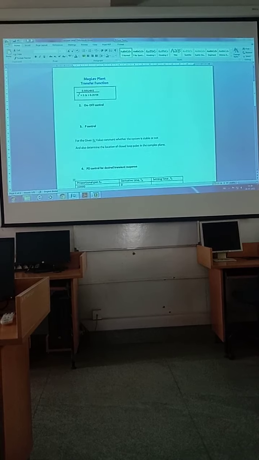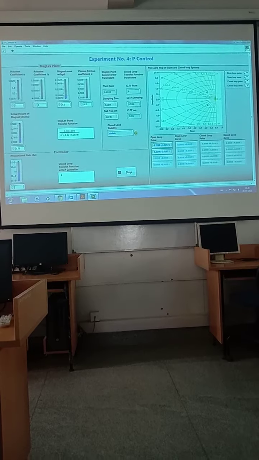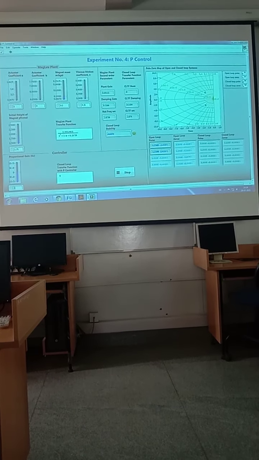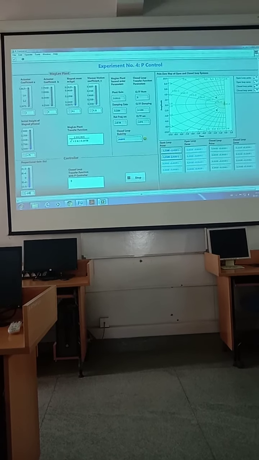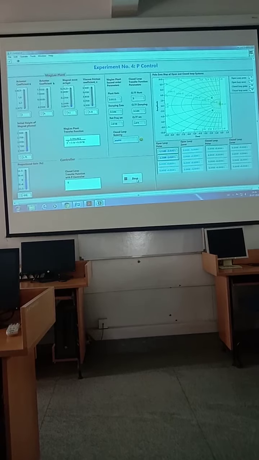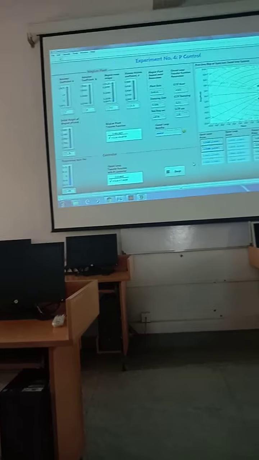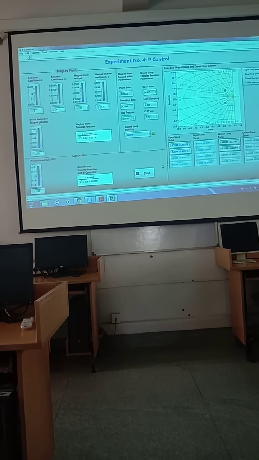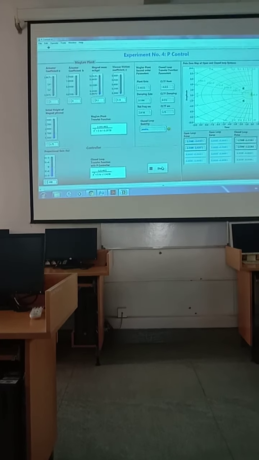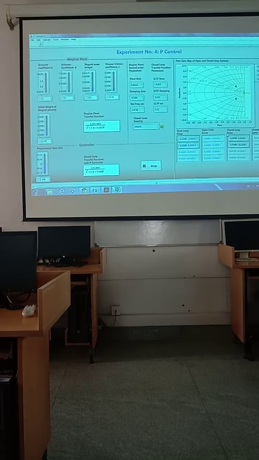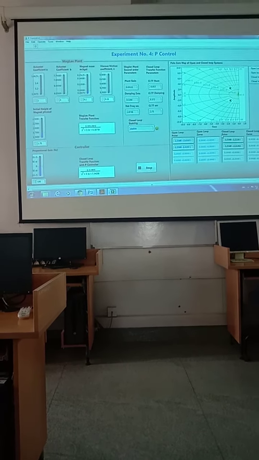Okay, so now I am going to enter the proportional gain value. I will start from a negative value, from minus 100. Okay, minus 100 I have given. So if you run the experiment, for minus 100, is the system stable or not?